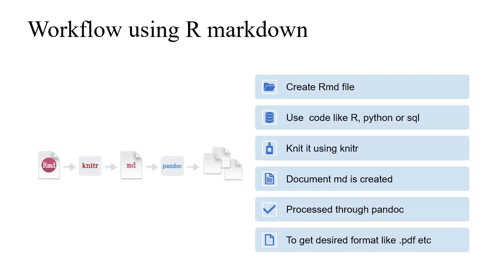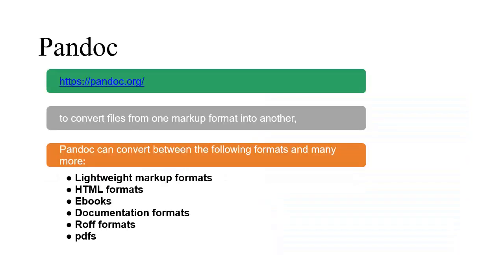That begs a question, what is Pandoc? Pandoc is basically a Swiss Army knife kind of tool where you can convert between various formats. If you visit this site, you will see a lot of such conversion details.